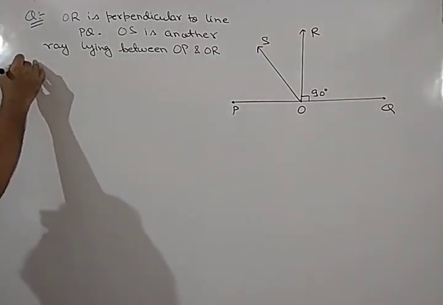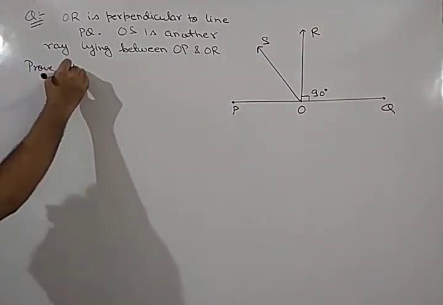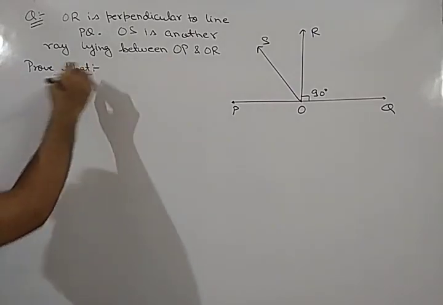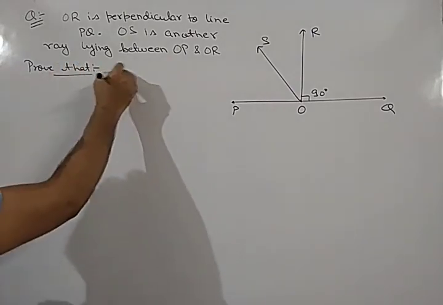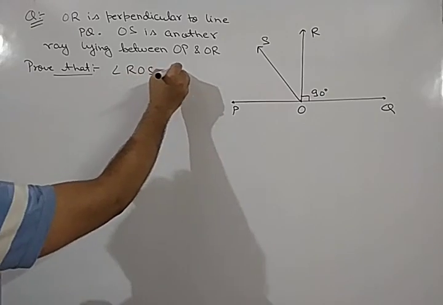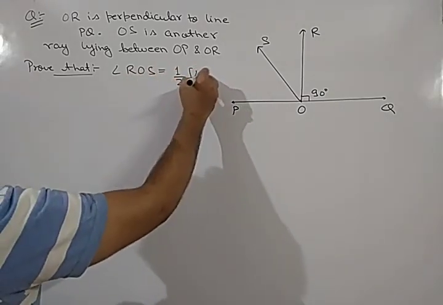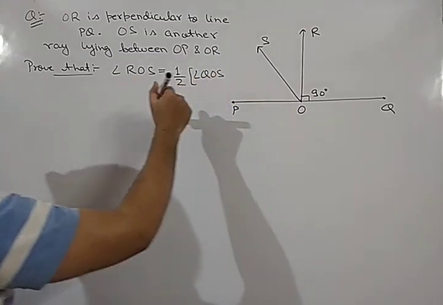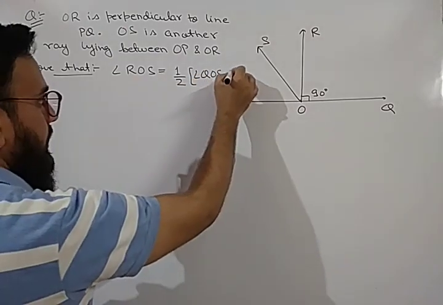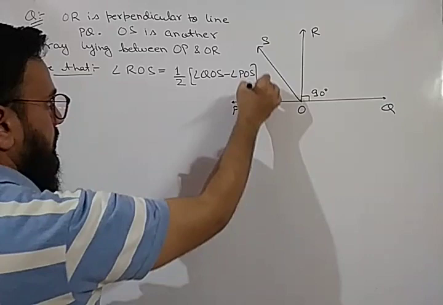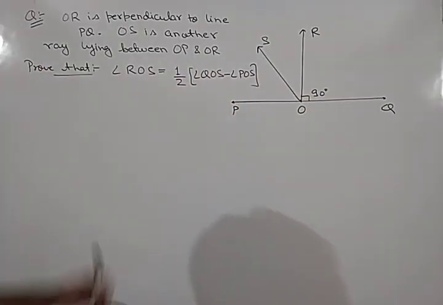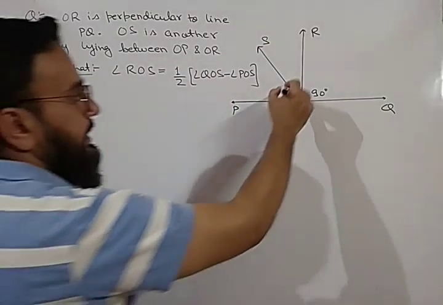Now we have to prove that, this is a question of proving, we have to prove that angle ROS is equal to half of angle QOS minus angle POS. Angle ROS means this angle.